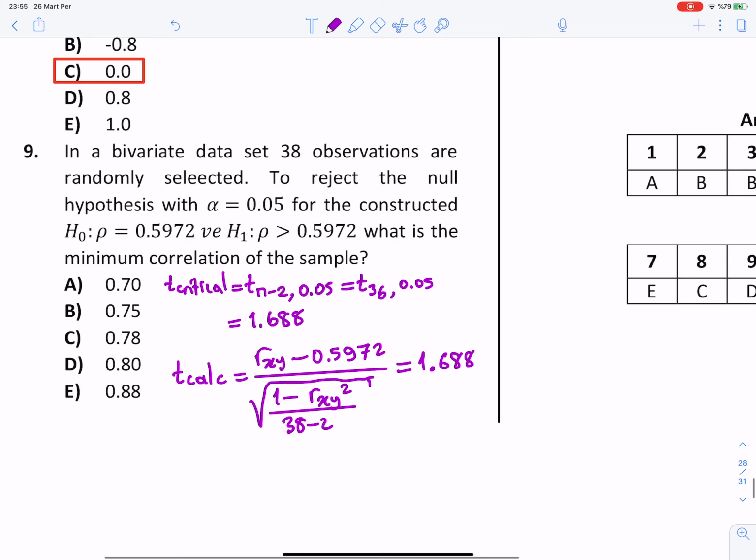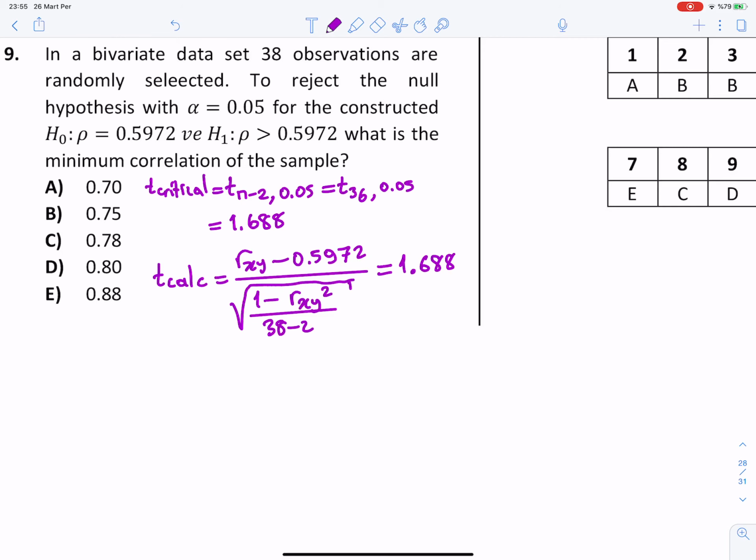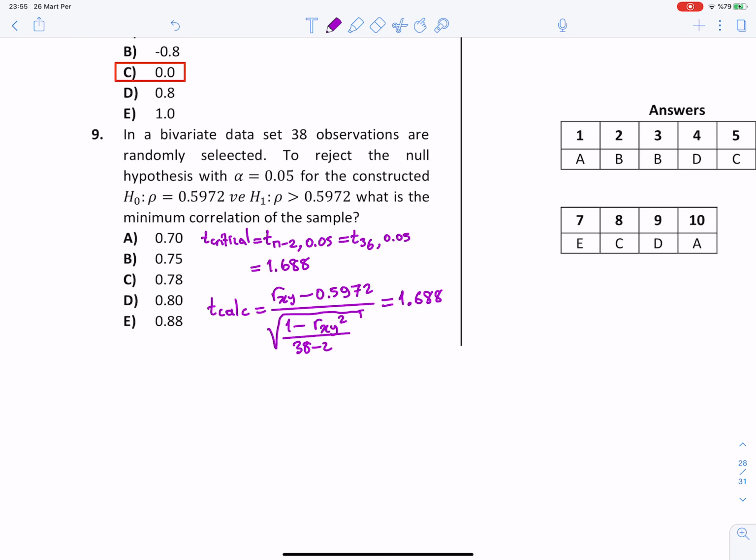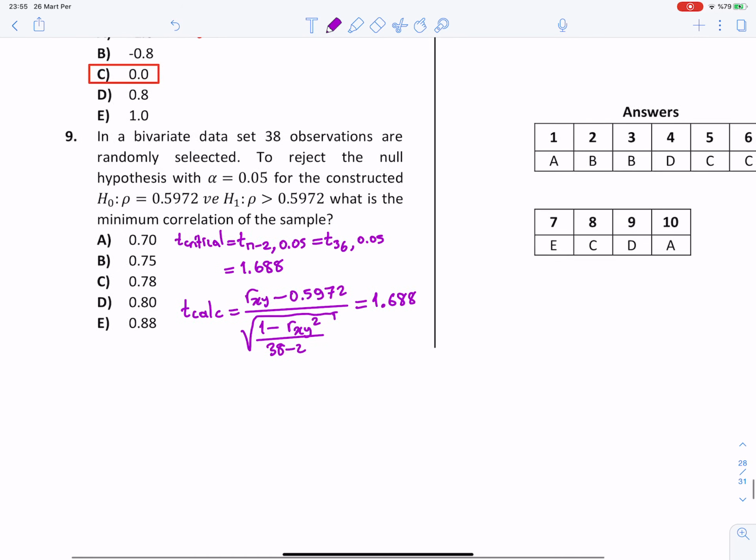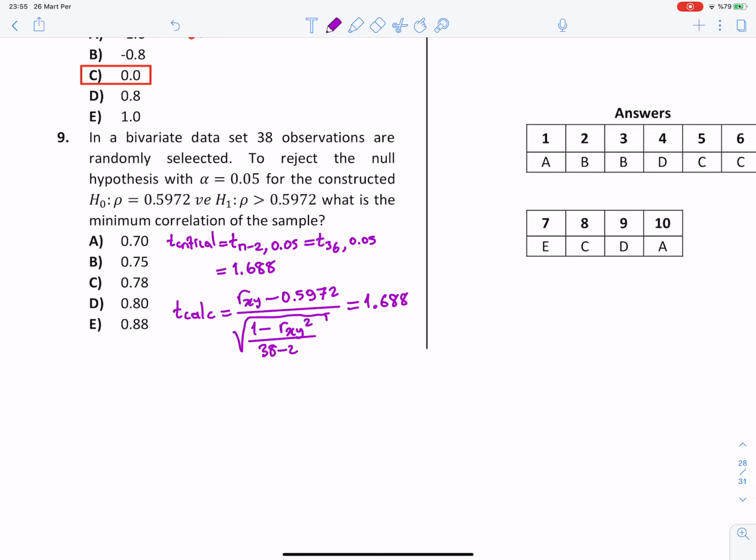The correlation coefficient for this, if you perform your calculation, it's not easy, maybe it takes more than a minute, but you can easily use each option and substitute each answer into the calculated statistic, and check whether it satisfies 1.688.